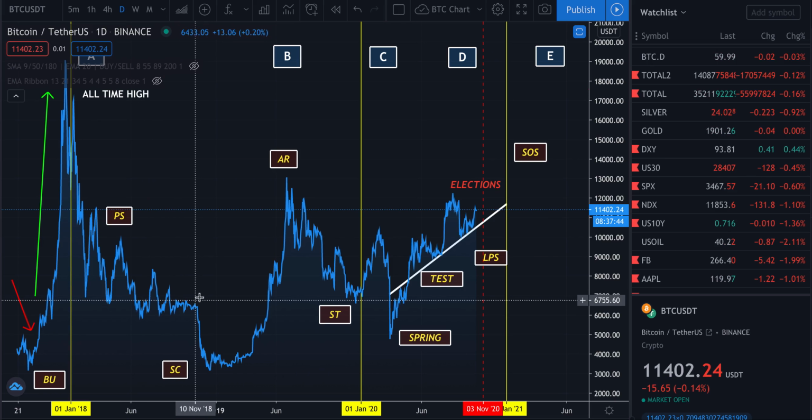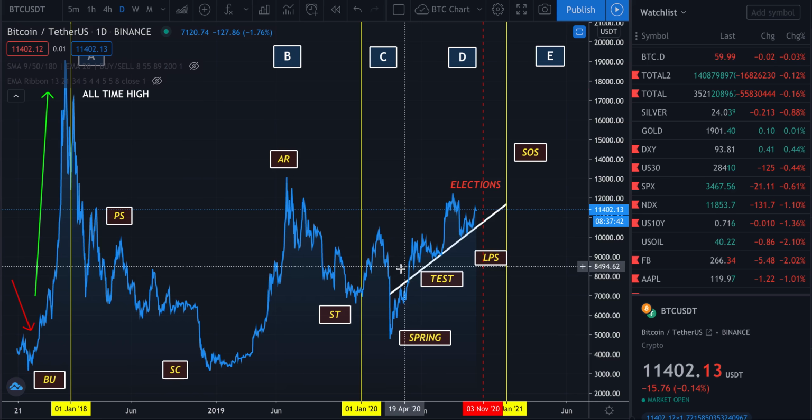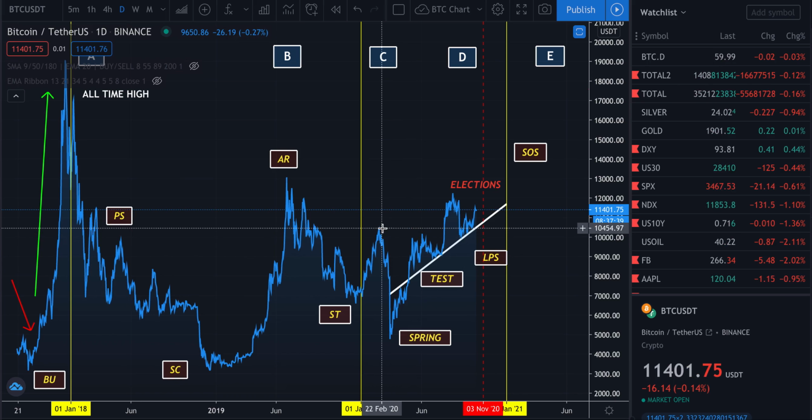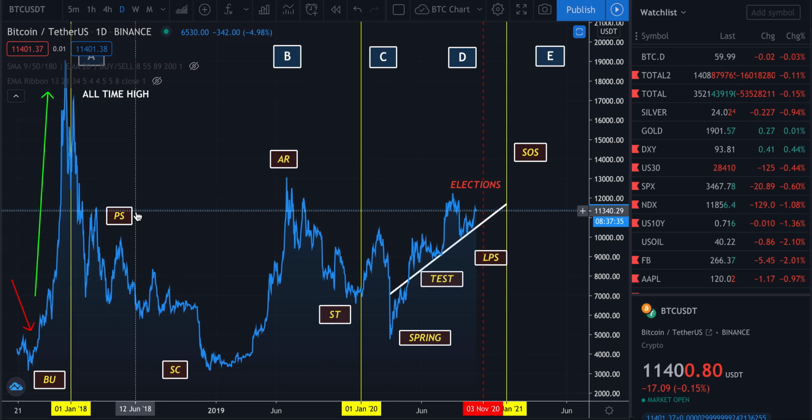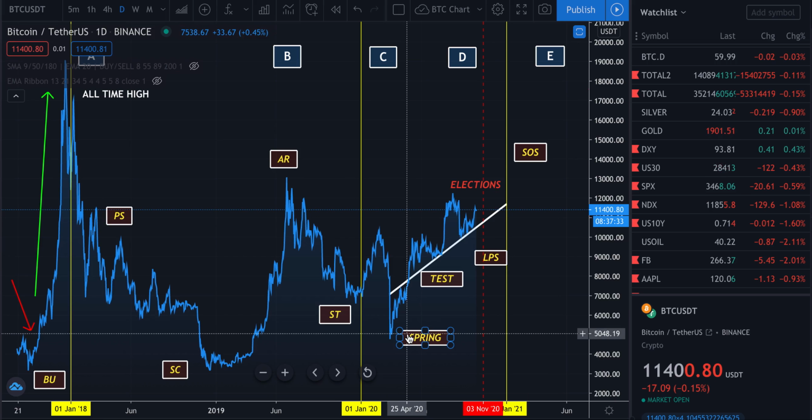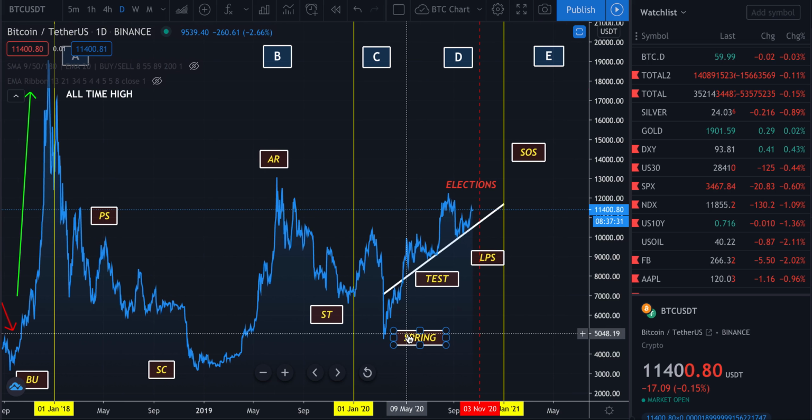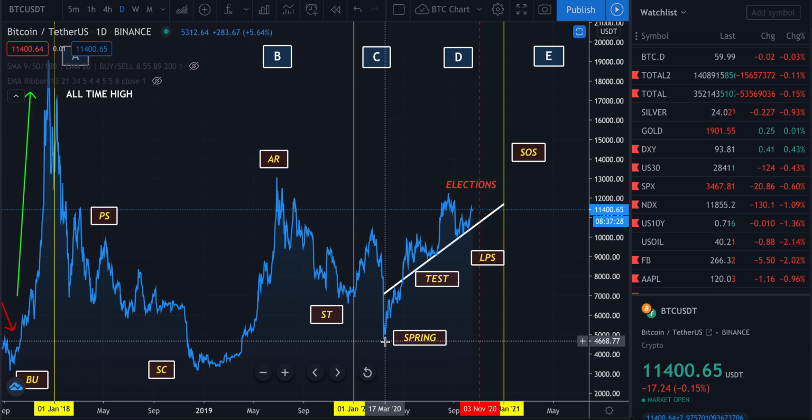It's basically to test this level as support. Then we come up for a test, which basically looks like a retest of this PS level, and then the spring.